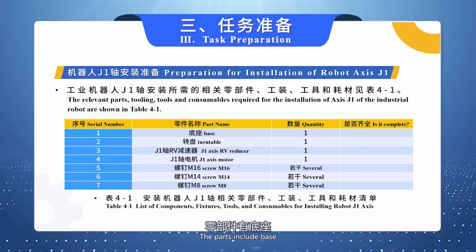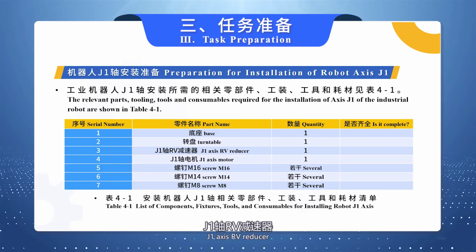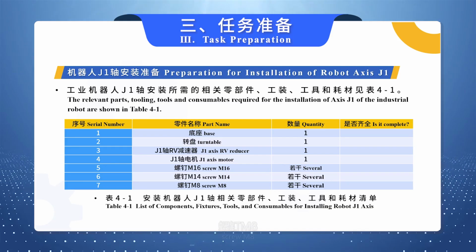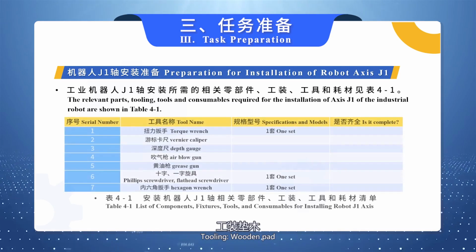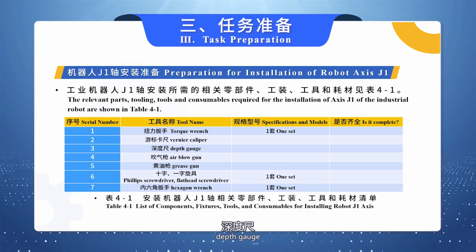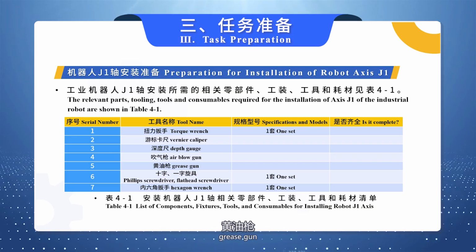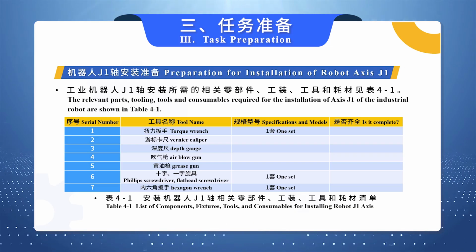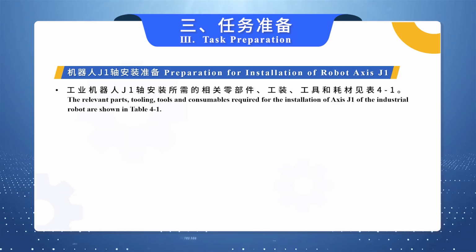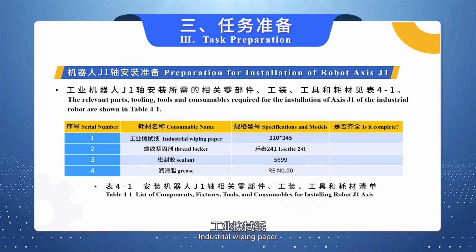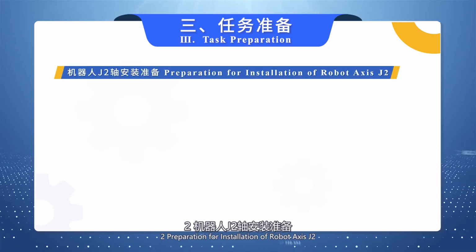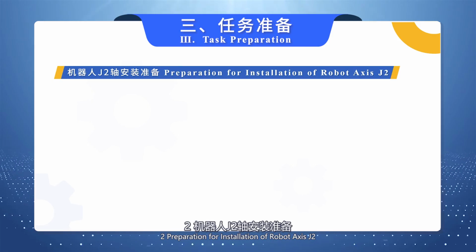The parts include base, turntable, J1 axis RV reducer, J1 axis motor, screw M16, screw M14, screw M8, tooling, wooden pad, tools, torque wrench, vernier caliper, depth gauge, air blow gun, grease gun, Phillips screwdriver, flathead screwdriver, hexagon wrench, open-end wrench, consumables, industrial wiping paper, thread locker, sealant, grease.